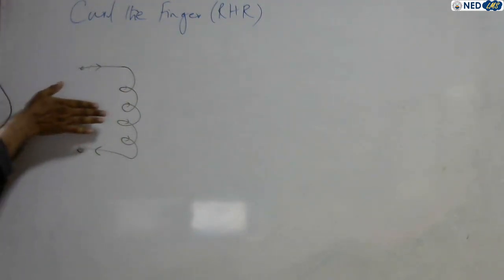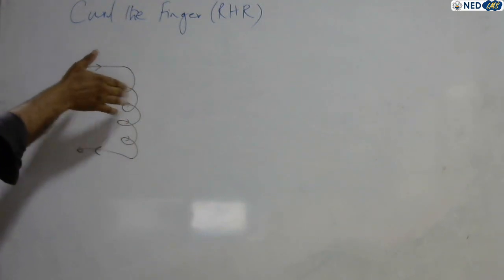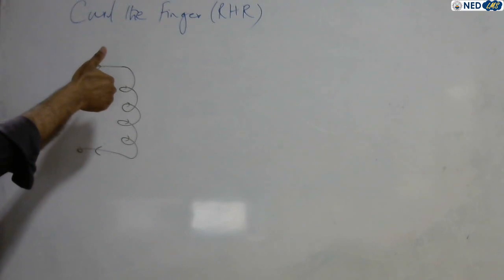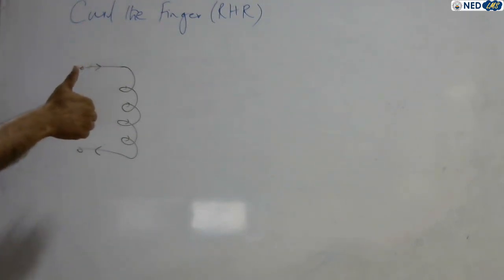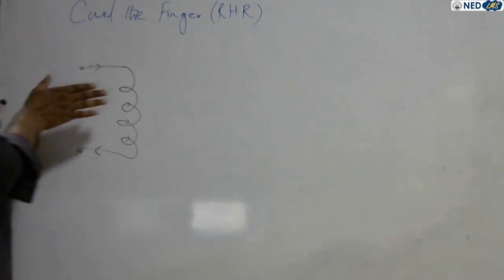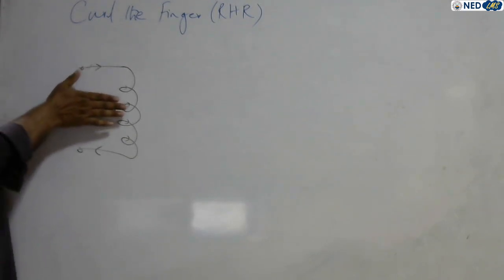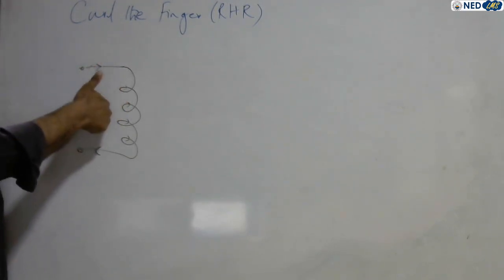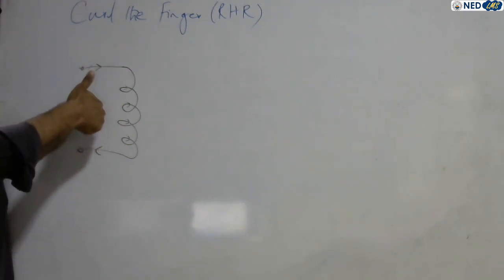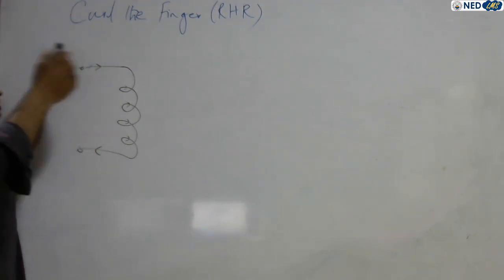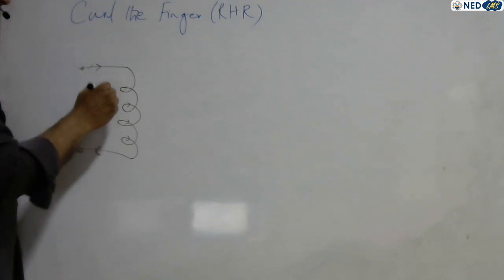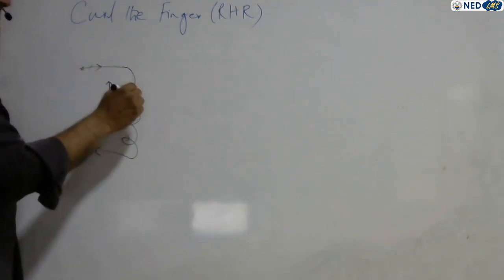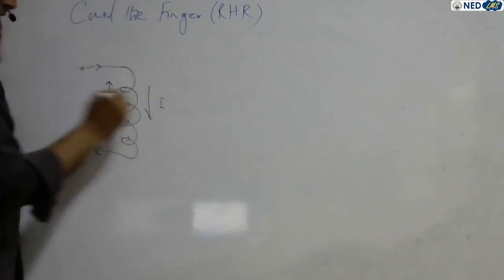So put your right hand and curl your fingers in the direction of current flow. The thumb will point out the magnetic field polarity. So in this case, the current goes down and the magnetic field comes up.